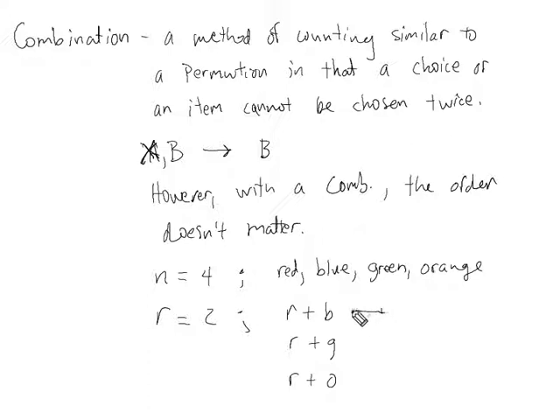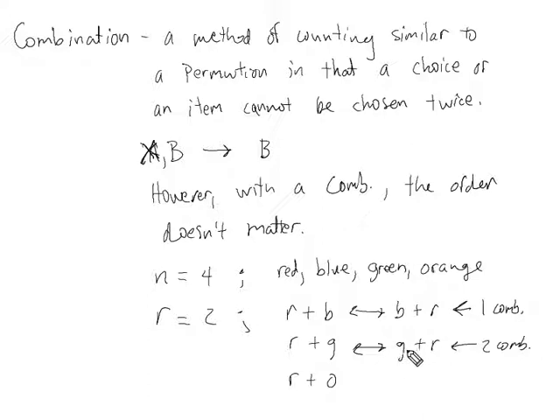So if we chose blue and red, this would just be considered one combination. Red plus blue and blue plus red are the same thing. Or likewise, if we chose green and then red, that is a second combination. Okay, it is different from the first.